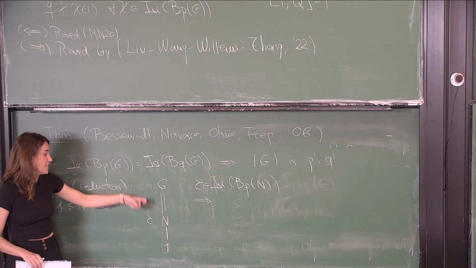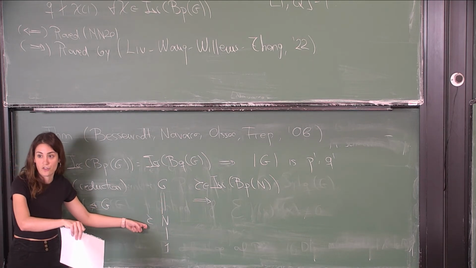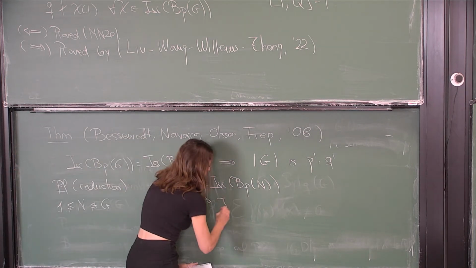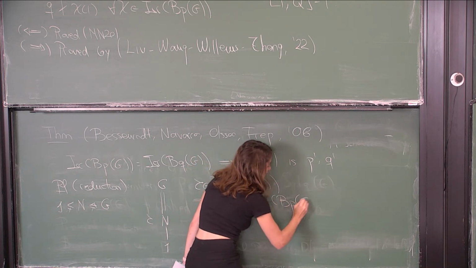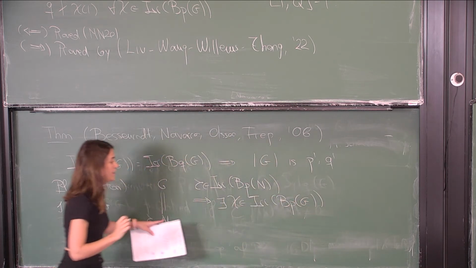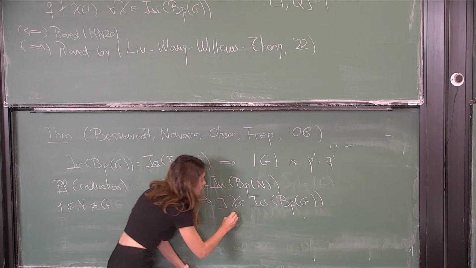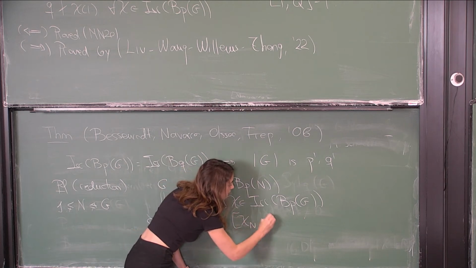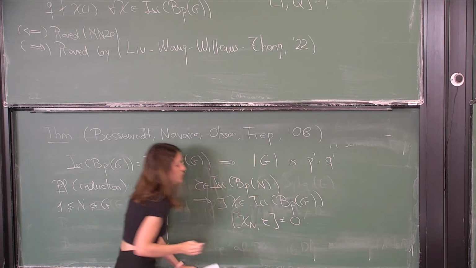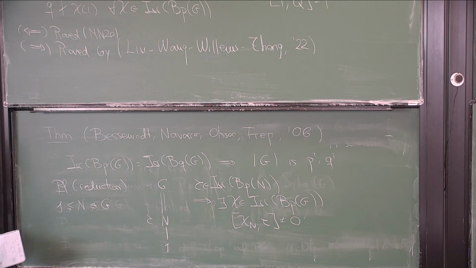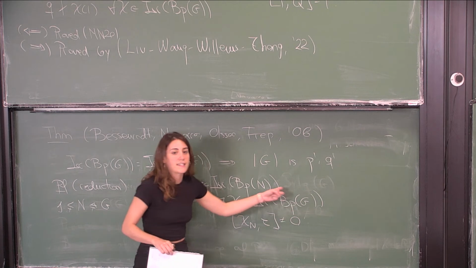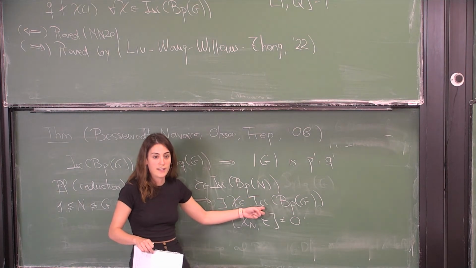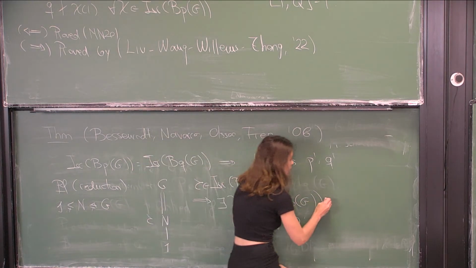That means that the restriction of chi to N contains tau as an irreducible constituent. So there exists one character in the principal P block of G above tau. Okay, but now my hypothesis is that this is exactly the set of irreducible characters in the principal Q block of G.